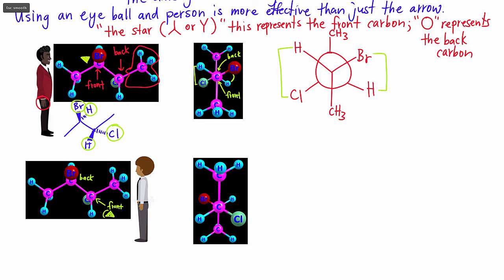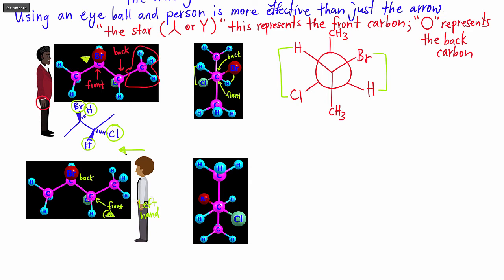Okay? So if that's the front carbon, notice that he's looking toward the left. So if he's looking toward the left, this is going to be his left hand. On the opposite side that you cannot see is his right hand. He's looking in that direction. Okay? The opposite direction.